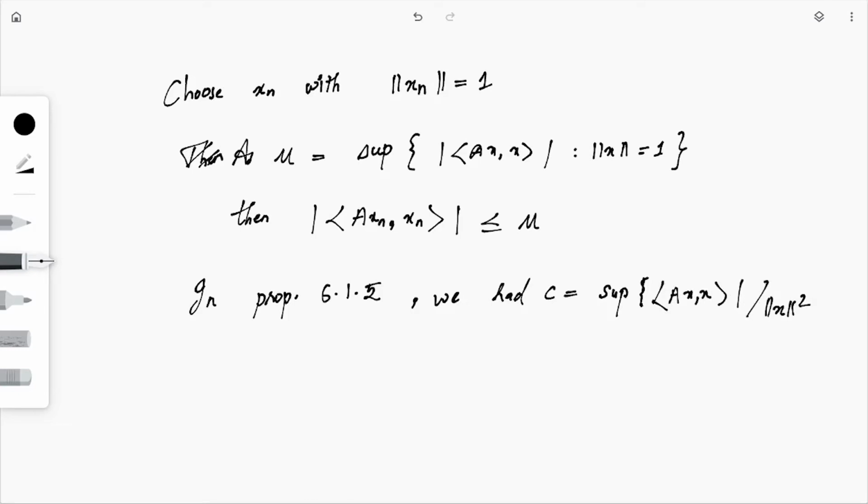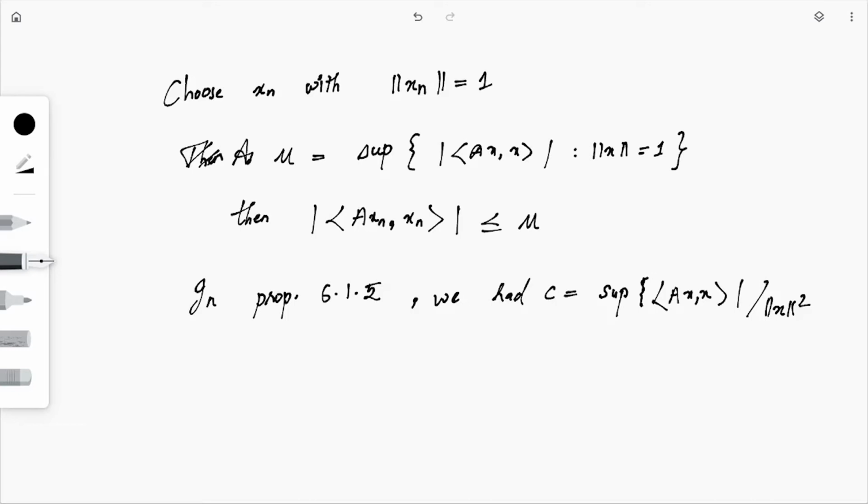So if instead of x I consider xn, I get the modulus of the inner product of A xn, xn divided by norm xn, that is divided by 1, so that doesn't affect the term.